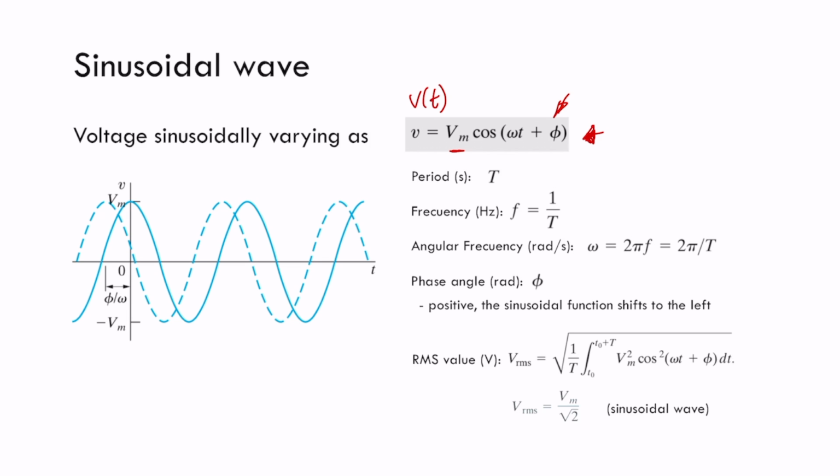Angular frequency is 2 pi divided by T, or 2 pi times the frequency, measured in radians per second, and this is the element that we have in here. What is called the phase angle, or phi, represents this shift. This is a very basic definition, right?